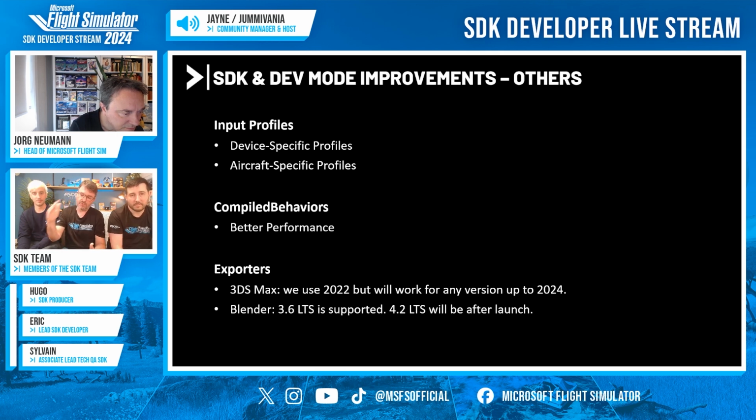You've just taken a snapshot of the behavior at the time you built your package, you've put that in your package, and you're stuck with it until you update your package. That may not be a problem. Most of the time it won't be, but you need to know that. So better performance, but you're locked to the version that you used to compile. And just to make sure everyone understands me, this is advised, but it's not mandatory. You don't have to use compiled behaviors. You can still use the old method.